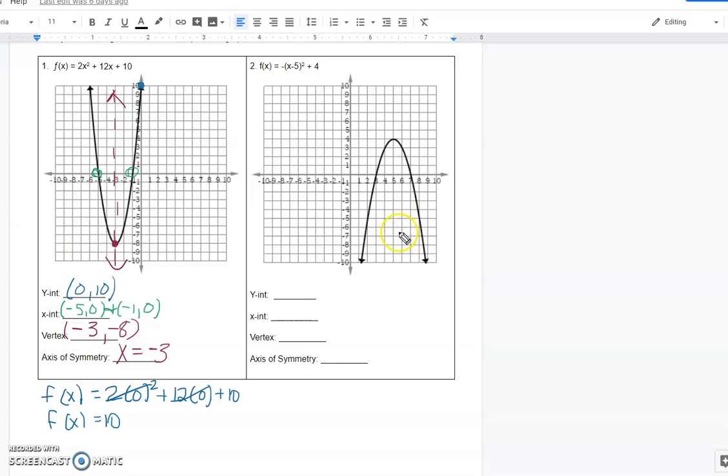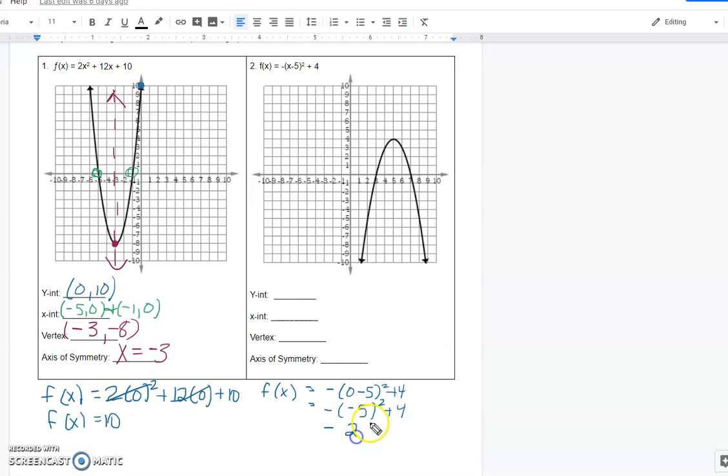Number 2, our y-intercept. I definitely cannot see it on our graph, so I'm going to have to calculate it by plugging in 0 for x. So f of x is equal to negative 0 minus 5 squared plus 4. That's going to give me negative 5 squared plus 4.